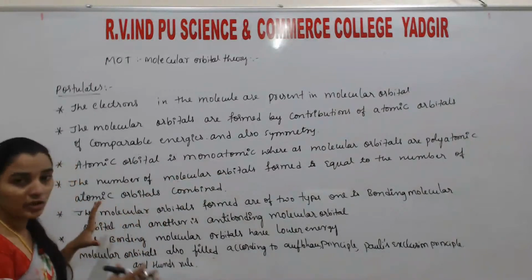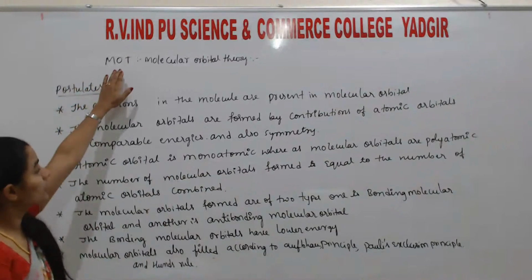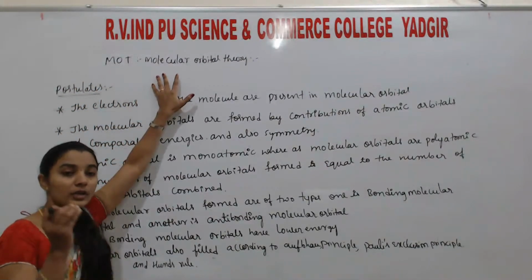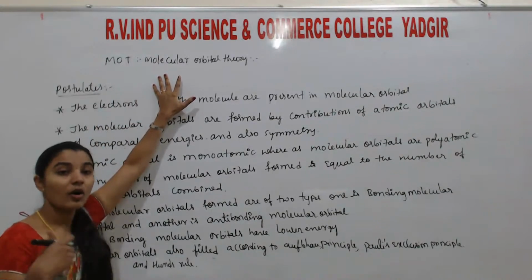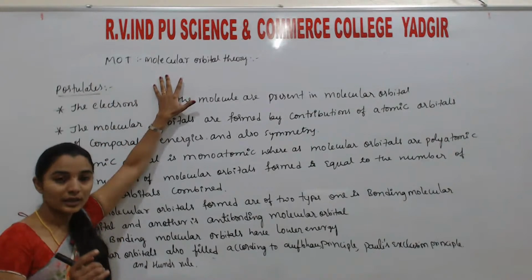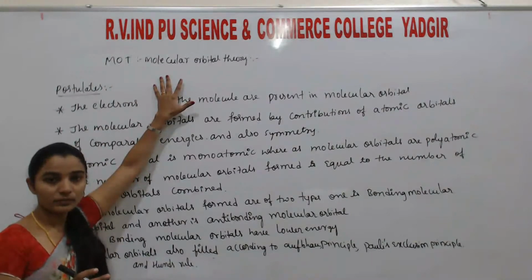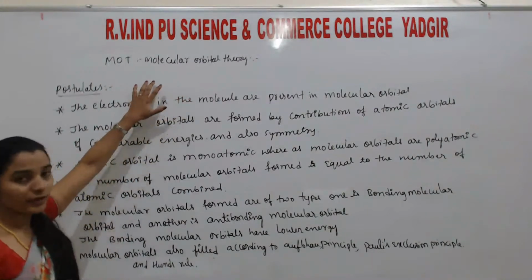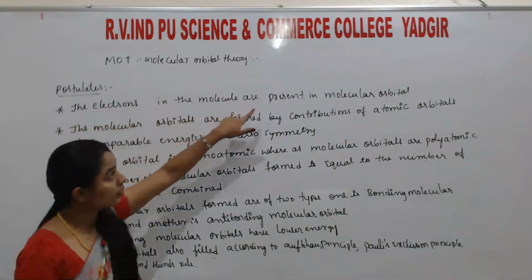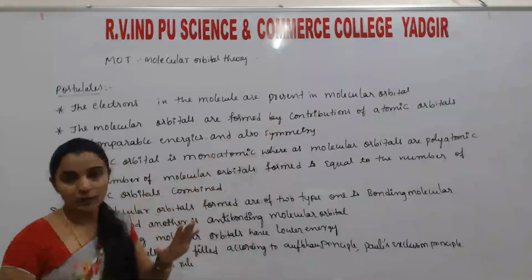But now it is not like that. The next theory introduced is molecular orbital theory, to overcome this: we need to give preference to all the atoms, even the bonded atoms, not just the central atom. Understood? The first feature is that electrons in the molecule are present in molecular orbitals.